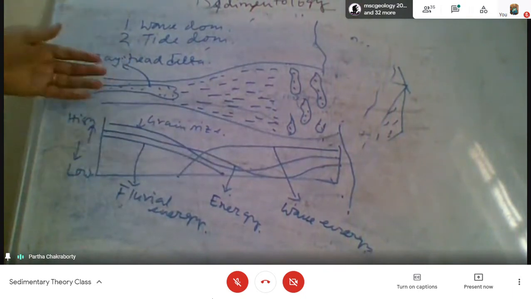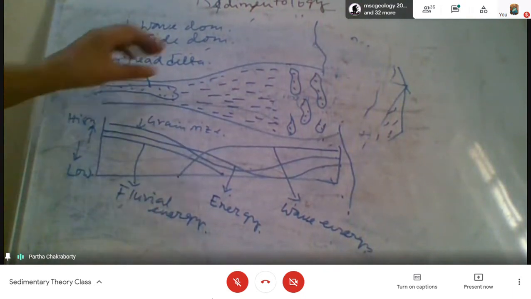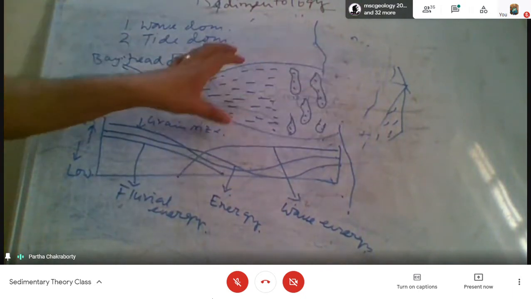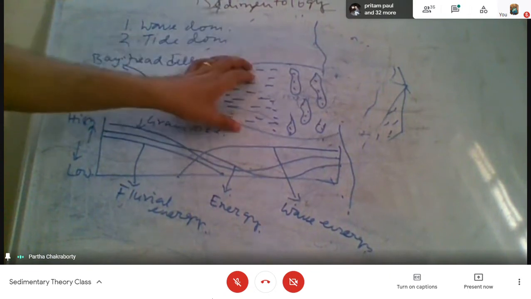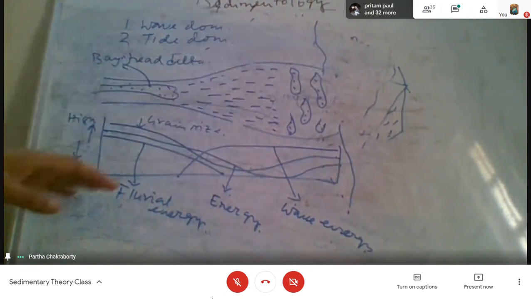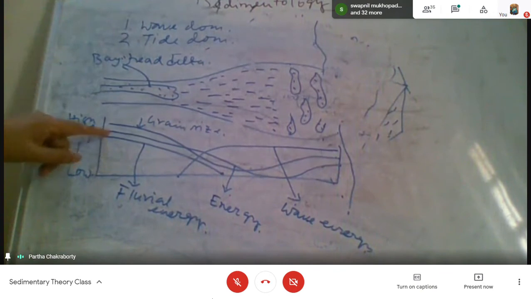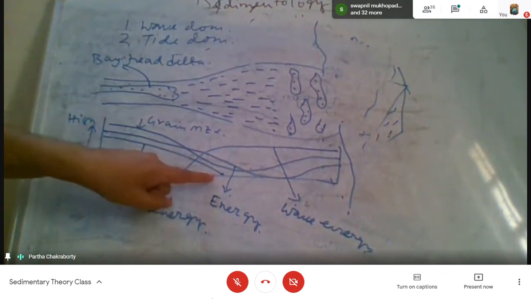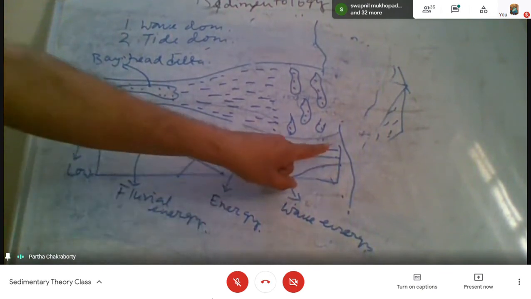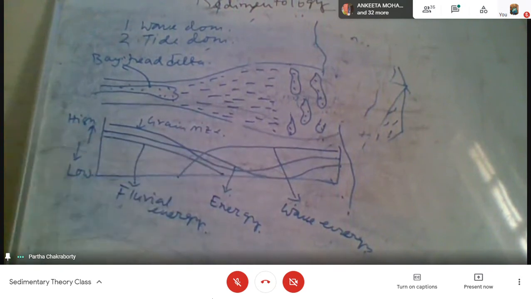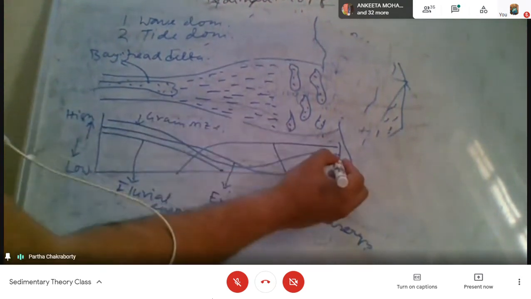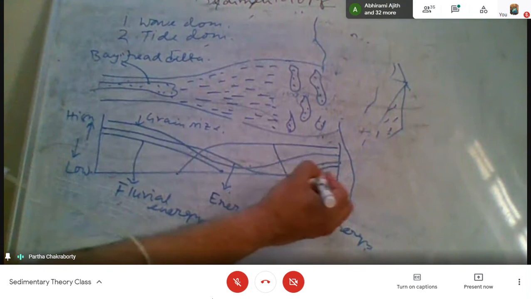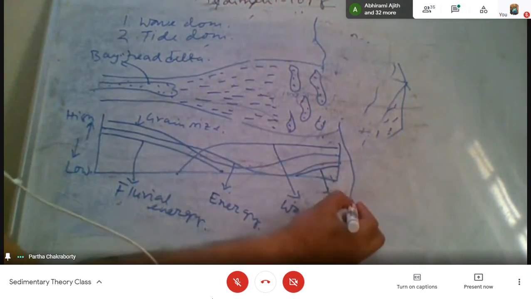The same is the energy. You have high fluvial energy here, high wave energy here, but in between there is an energy gap, so energy is low. The fluvial energy decreases as you go from this side to this, and the wave energy decreases from this side to this. The tide energy is very, very low.